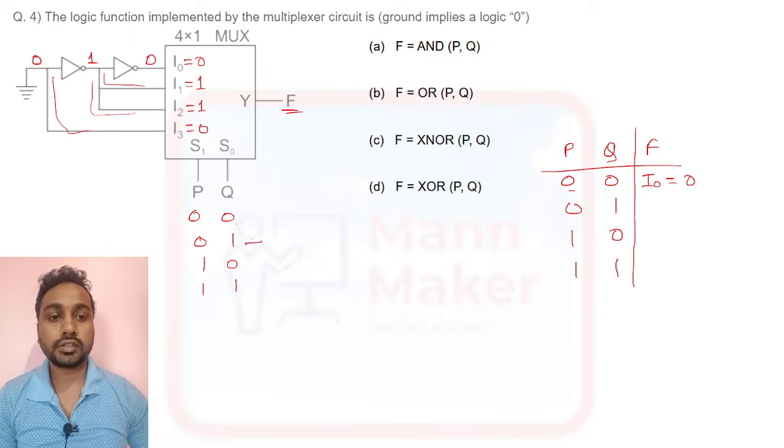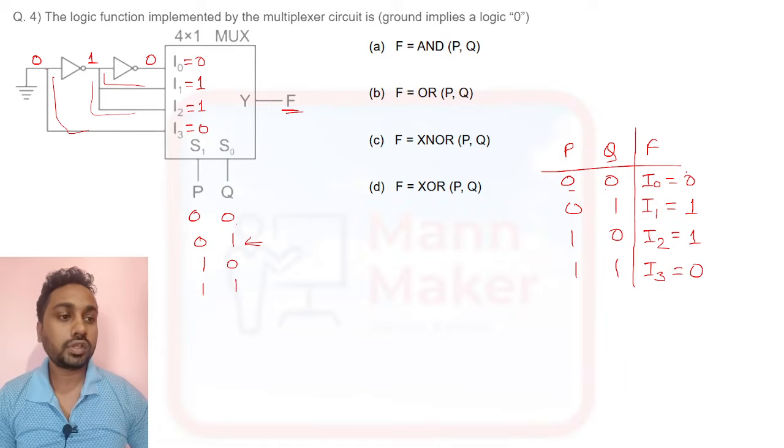When the select lines are 0 1, it is going to select I1 as the output, and it is 1. When 1 0 is there, the output will be I2, that is 1. And in the 1 1 case, it will be I3, that is 0.